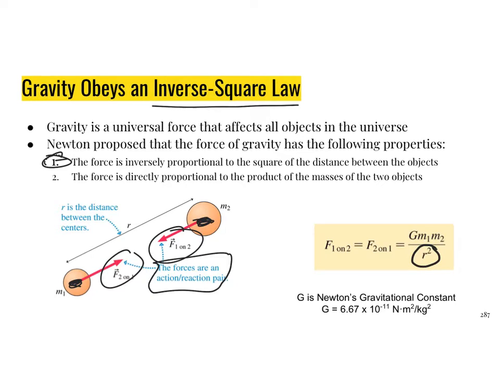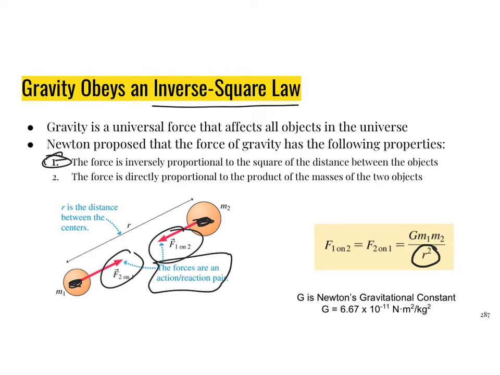The perfect analogy is magnets. When two magnets are really close to each other, they're either very attractive or very repulsive, but when they're pretty far apart, they have very little effect. Similarly, two objects very far apart don't pull on each other as much as two objects that are very close.